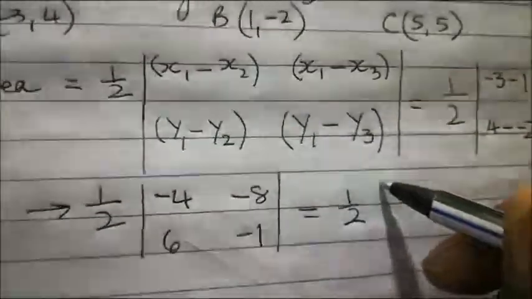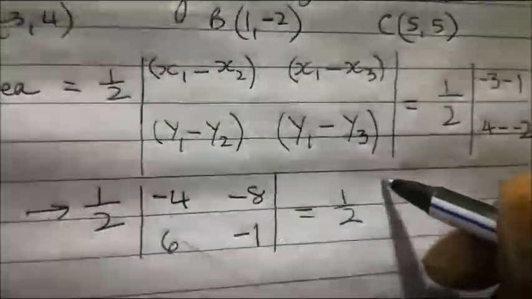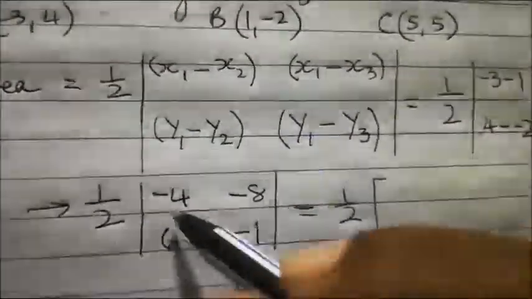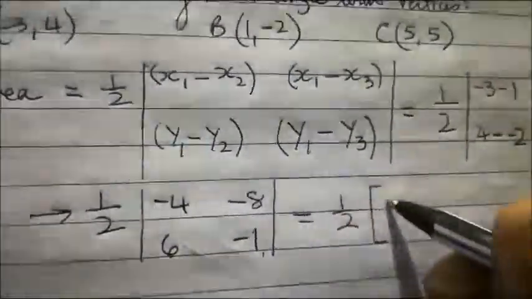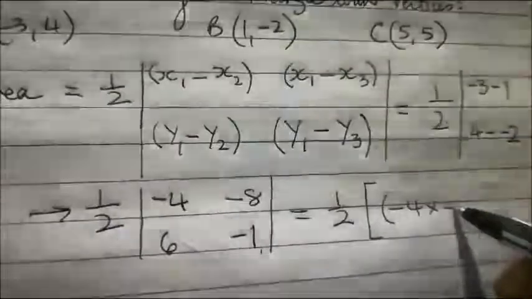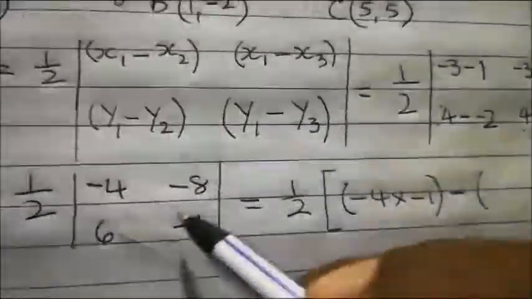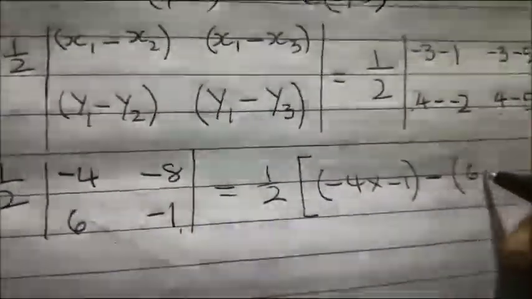So it's going to be half of minus 4 times minus 1 in one bracket, and we're going to subtract now the other diagonal, which is 6 multiplied by minus 8.